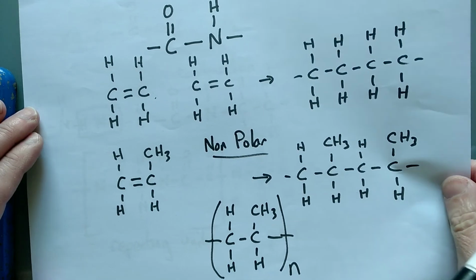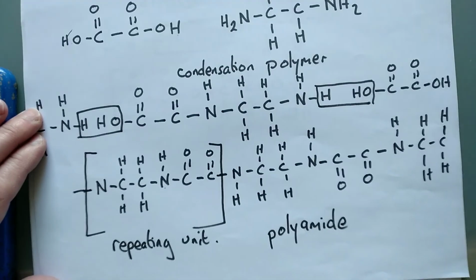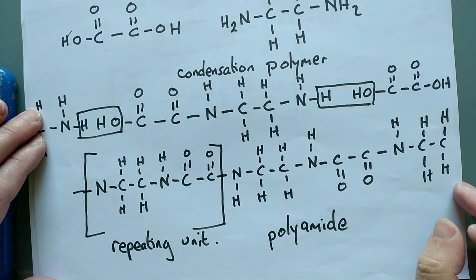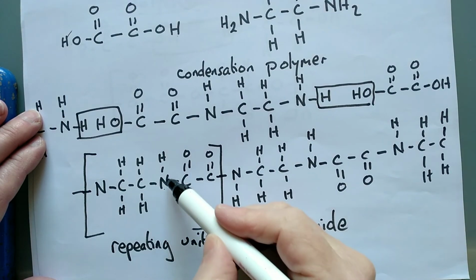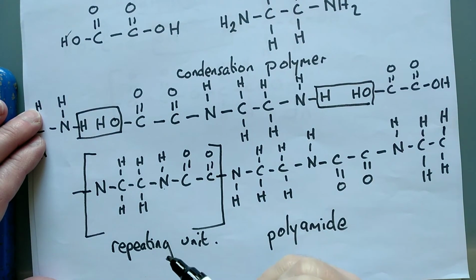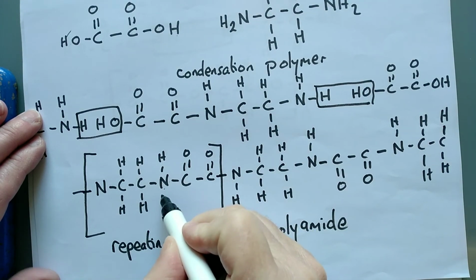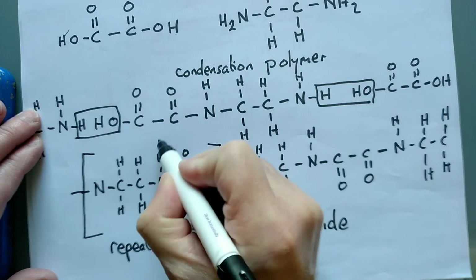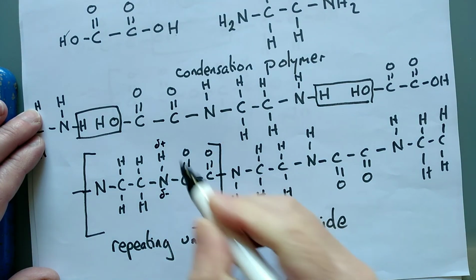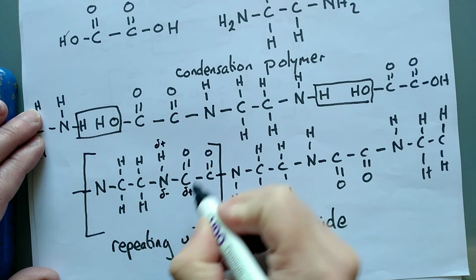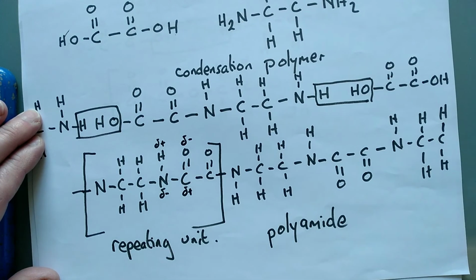to decompose. On the other hand, in our condensation polymers, you can see quite easily that there are plenty of delta pluses and delta minuses here. You've got an NH bond there. Your nitrogen is going to be delta minus, your hydrogen is going to be delta plus. And you've got a CO bond there. The carbon is going to be delta plus, and the oxygen is going to be delta minus.